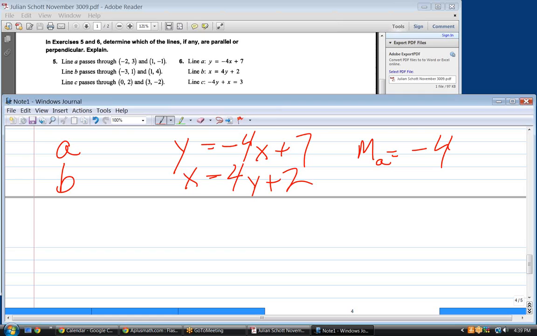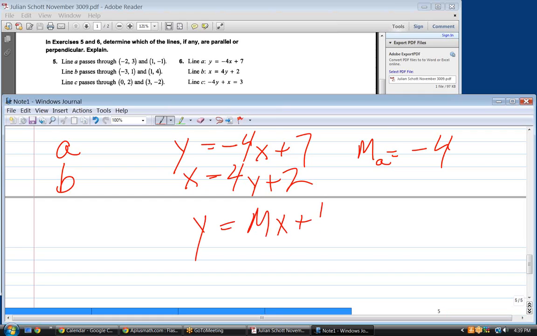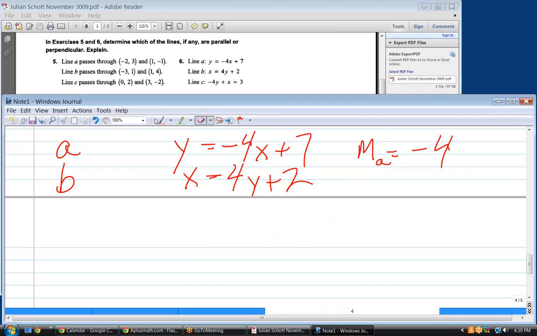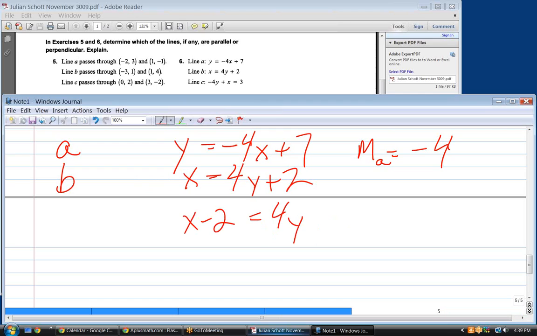Remember, you have to get it into slope-intercept format. That's the only one you've been taught. So we have to get it into this, and then whatever m is, that's our slope. Okay, so how do you convert this equation so that it's y equals something? -2 from each side. And then divide by 4.